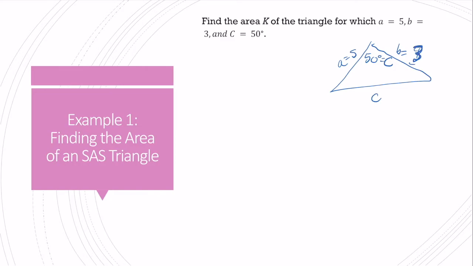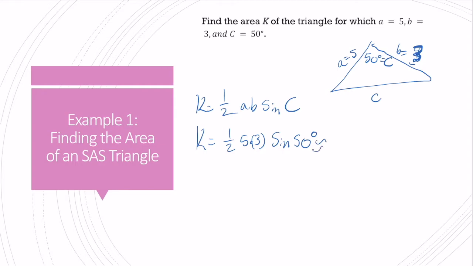So I have K is 1/2 AB sine of C. K is 1/2 times 5 times 3 times sine of 50 degrees. Make sure your calculator is set in degrees and not radians, and you'll get about 5.7 square units.